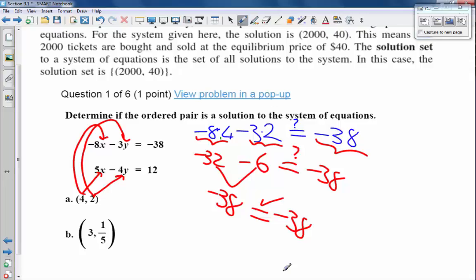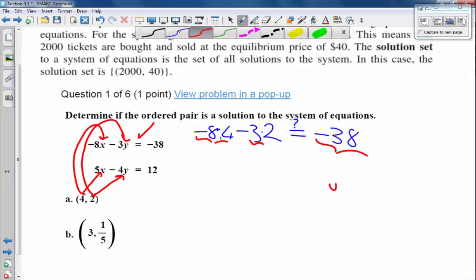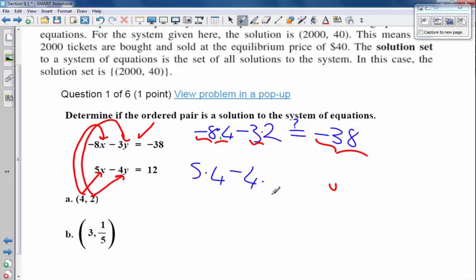Those two numbers verify the first equation, so we can go say yes, this is a solution, right? Can we? No, not yet. We need to verify the second one as well. So far, this one checked out the first guy. How about the second? I will substitute 5 and 4 minus 4 and 2 and see if it's 12.